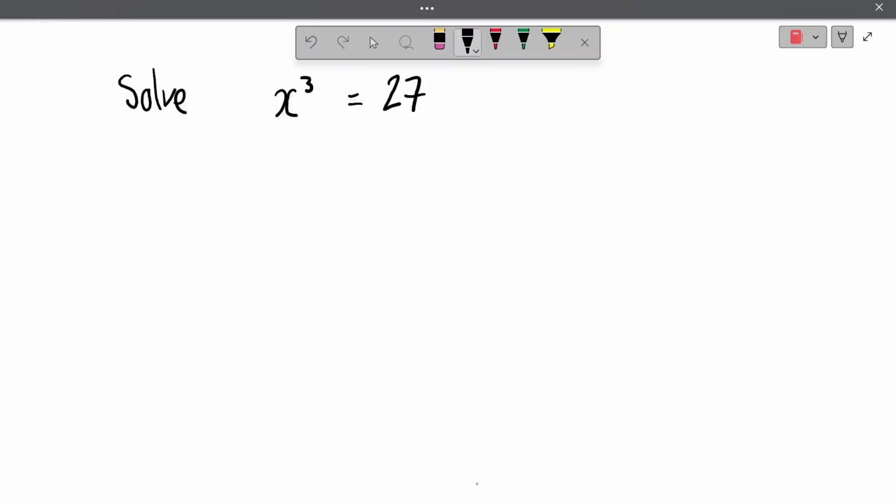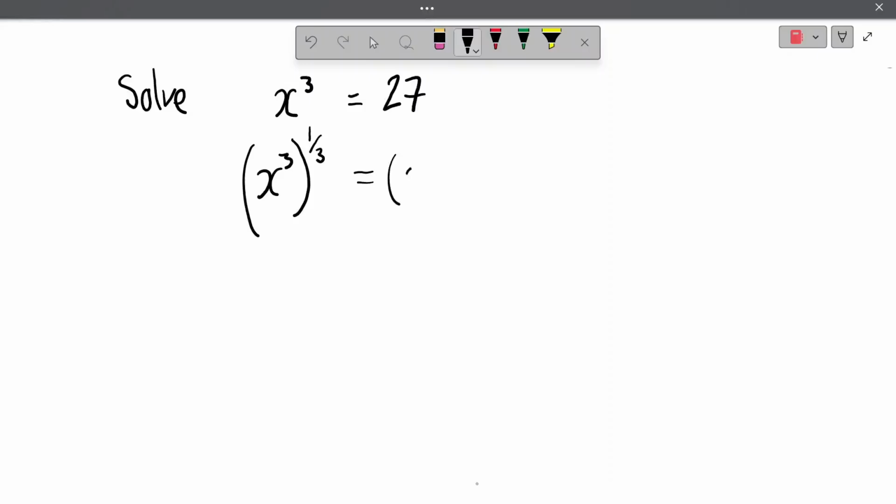So here we have another question, which is x cubed equals 27. Now, to find out what x is, when you have x to the power of something, I know here we have x cubed is quite easy. But what we do is we take the reciprocal of whatever the power is, and then we take that to the power of everything. So let me show you. So we have x cubed, and the reciprocal of 3 is a third.